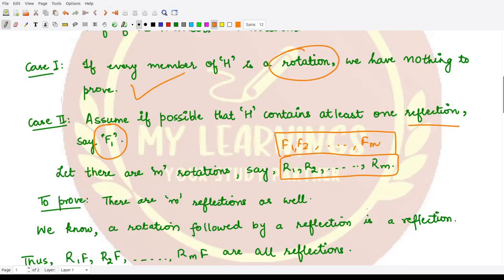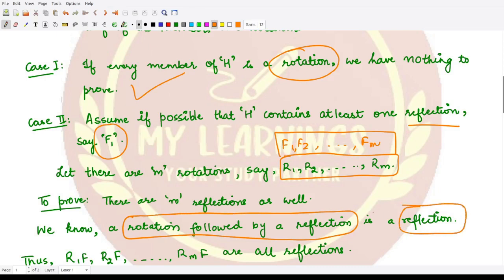Whenever we compose a rotation with a reflection, you first rotate the figure and then you take its reflection, the answer would be a reflection, right? It would be some other reflection, but it would be a reflection.